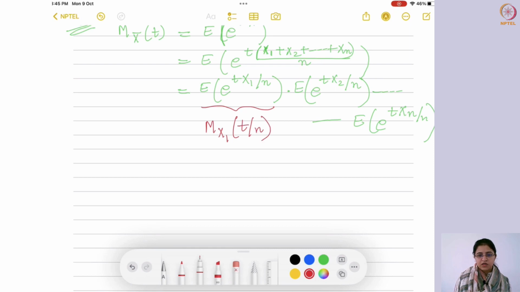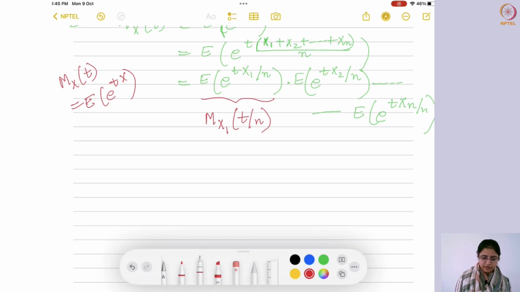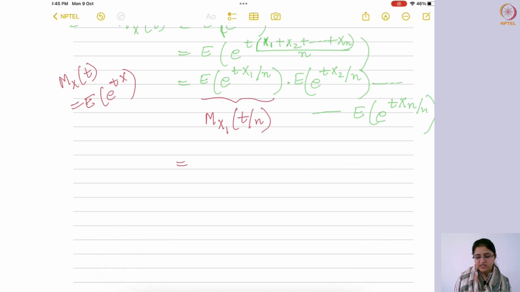Because if you have M_X, the moment generating function of a random variable at t, this is nothing but the expectation of e raised to the power tx. Using that same thing over here, by definition, each of these corresponds to an xi. This is the moment generating function of x2. This is for the xn.